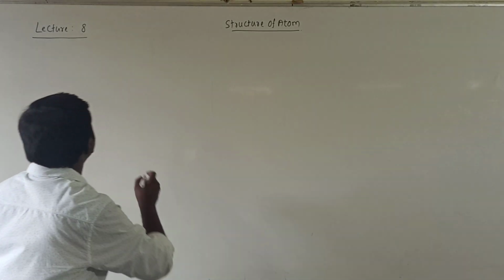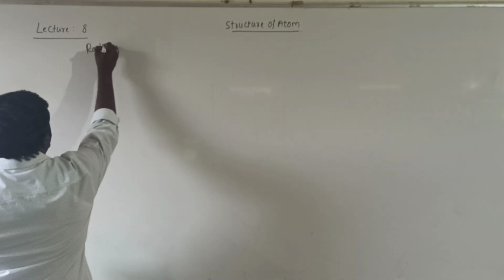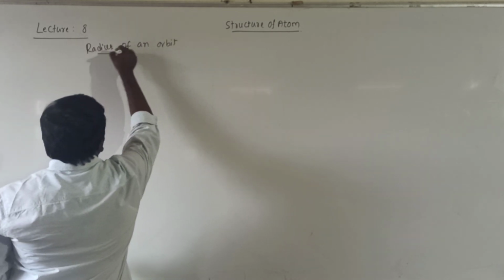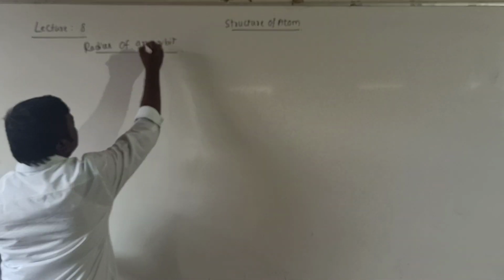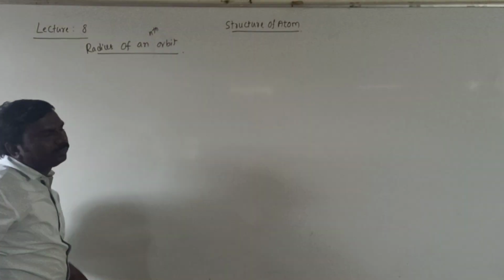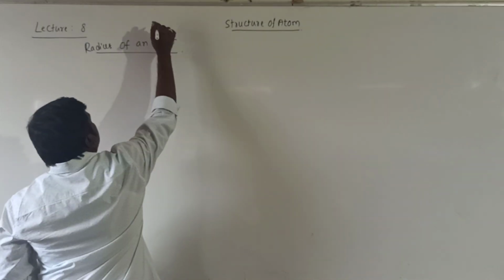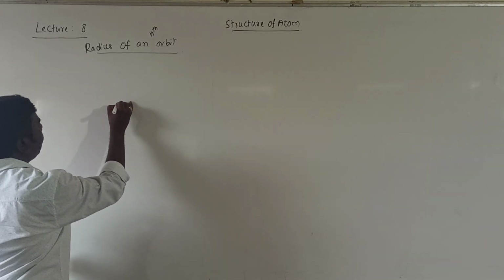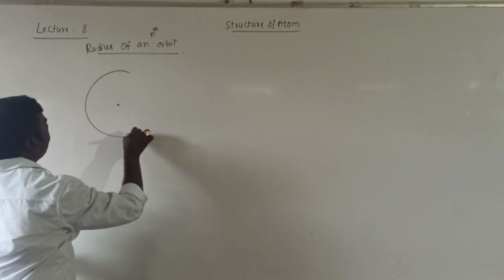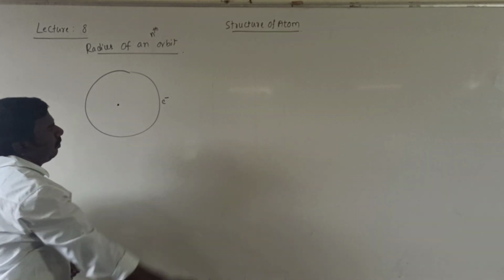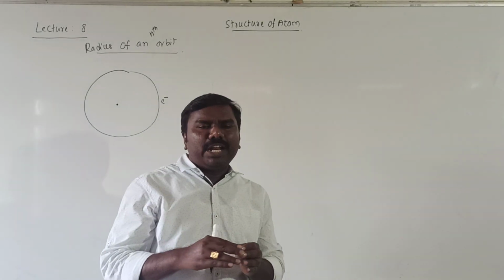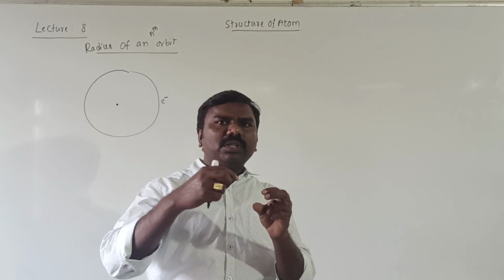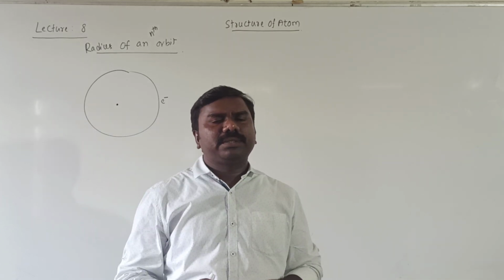Now, radius of an orbit. This is the nth orbit. Orbit number is n. You know, this is the nucleus. Electron revolves around the nucleus in a circular path. While revolving, there is a chance the nucleus attracts the electron, and then the electron falls into the nucleus.